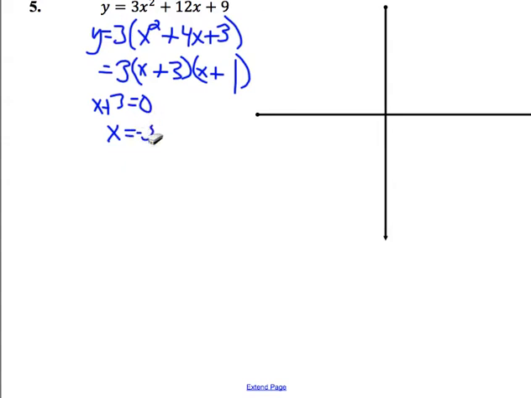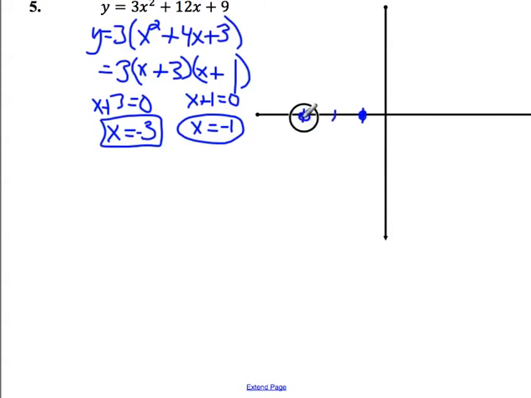Oh my gosh, that's not 3. So negative 3. And then x plus 1 equals 0. So you get negative 1.